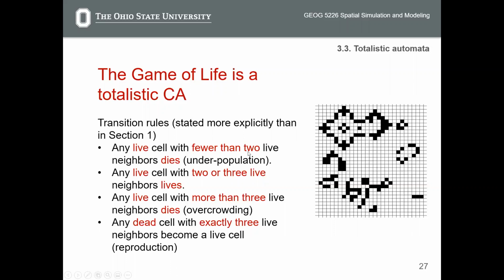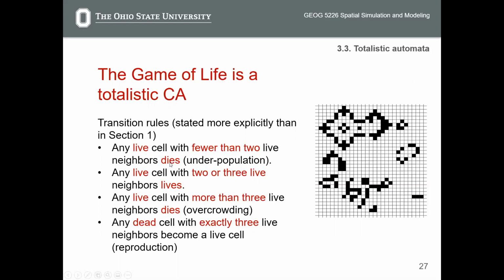If live is represented by 1, any live cell with fewer than 2 live neighbors dies, which means that if the sum of the neighbors is smaller than 2, then this live cell's state will change to 0, because for now it is 1. It will die.